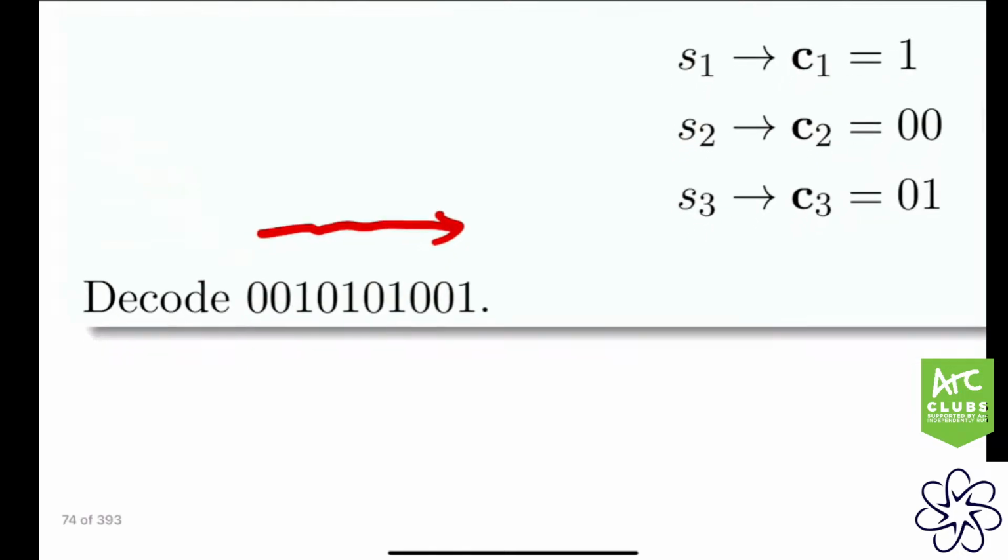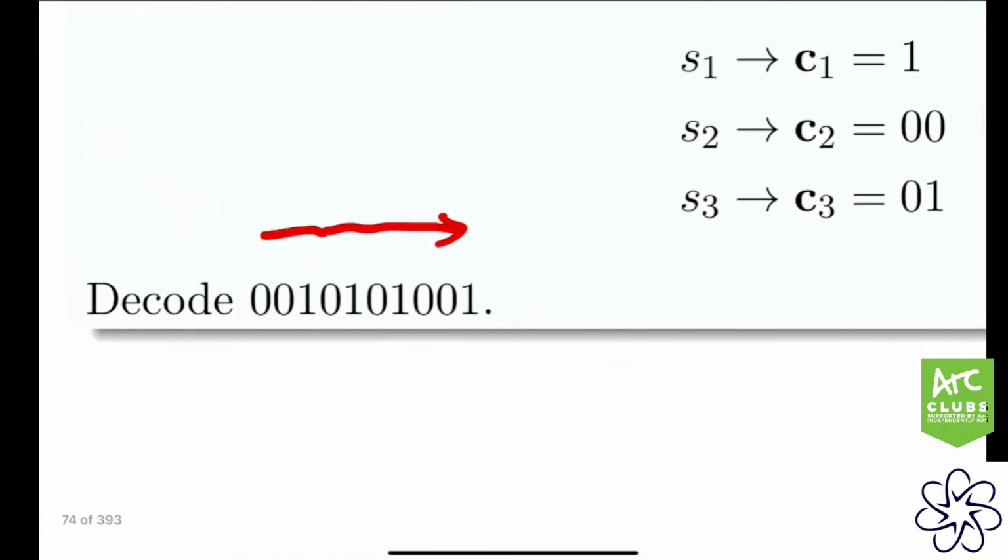So I am just going to do this by crossing out. I look at 0, it's not a code word. I move to the right, and 0, 0 is a code word. So I can cross that out and write C2, which I guess is S2. I can now continue, and I have 1. Can cross that out, and that is S1.